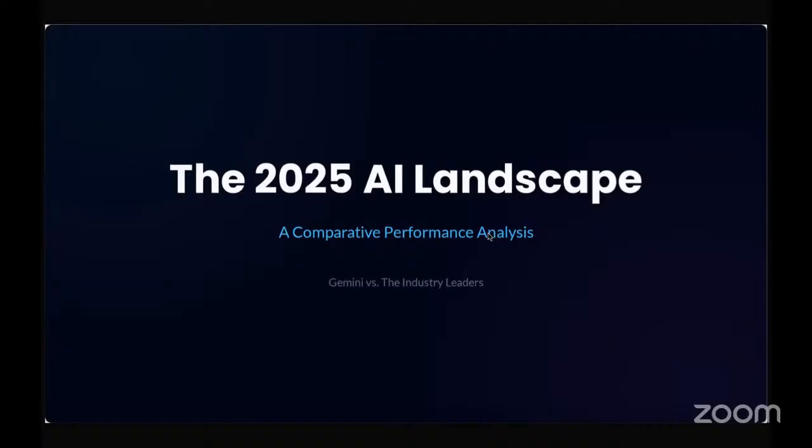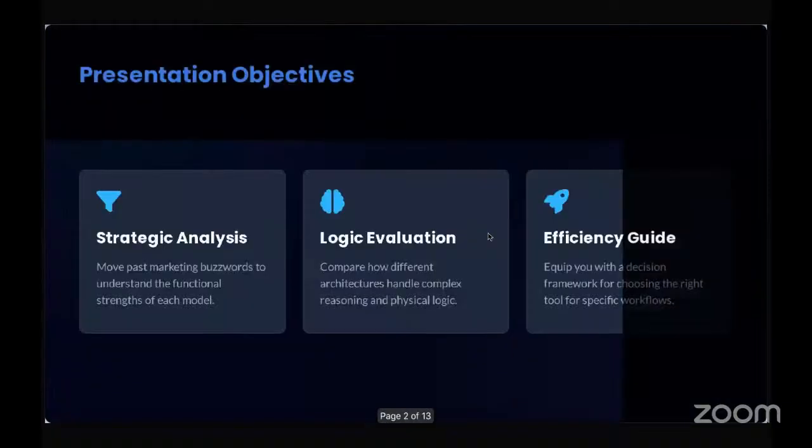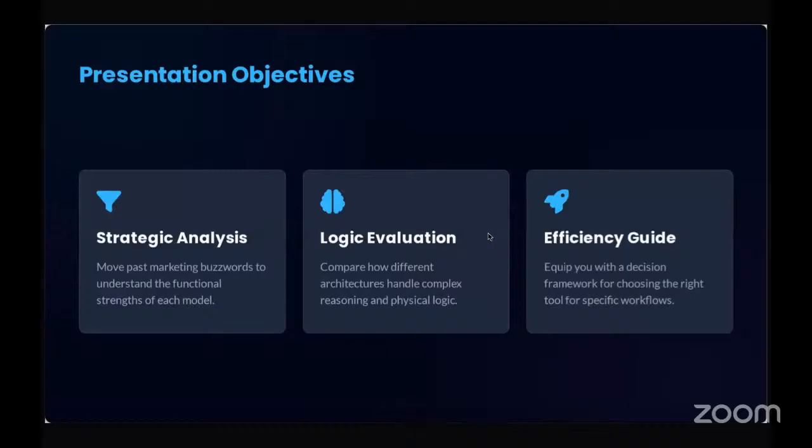So we're just going to be doing a quick comparative performance analysis of the AIs that are available to us. And we're going to be looking at particular tasks that they excel at best. So the objective of this presentation is to do a strategic analysis, a logic evaluation, as well as an efficiency guide.